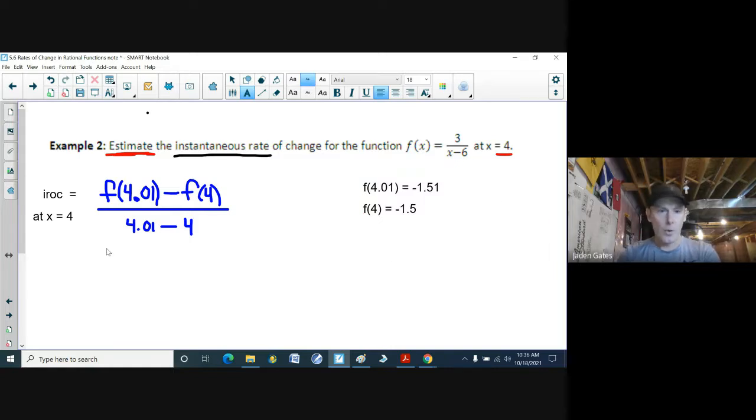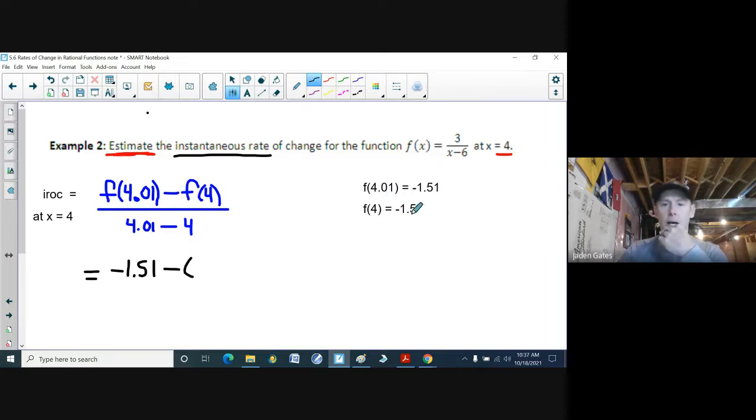All right, so now I can find my instantaneous rate of change. I've got my -1.51 minus, I've got a double negative again here because there's a minus sign in the equation and there's a minus sign for this f of 4, which is -1.5. And then 4.01 minus 4, well, that's just 0.01.